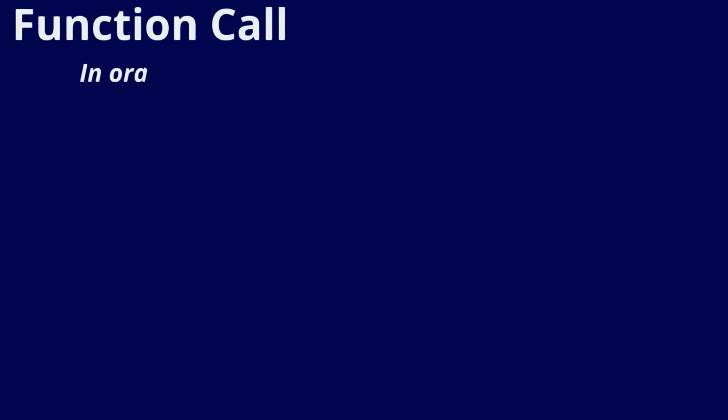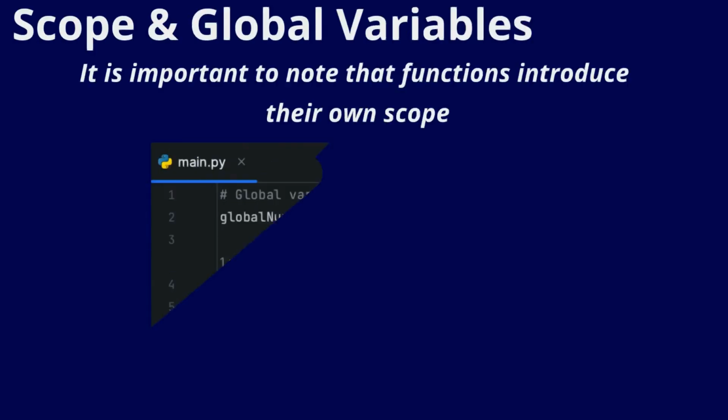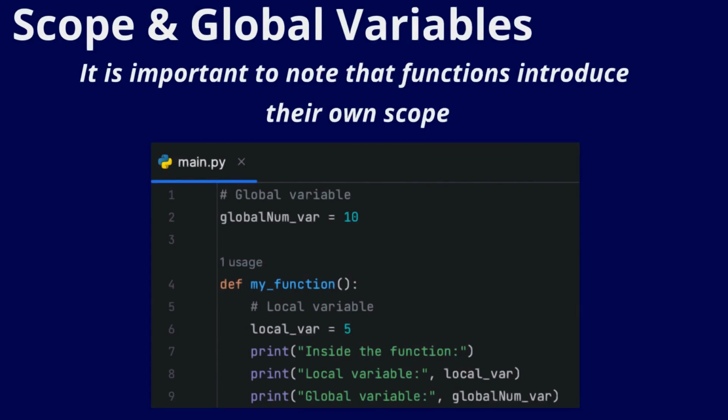Number 6. Function call. In order to execute a function, you must call it by its name followed by parentheses. The arguments are provided inside parentheses if the function has parameters. Number 7. Scope and global variables. It is important to know that functions introduce their own scope, which means variables defined within them cannot be accessed outside of them.